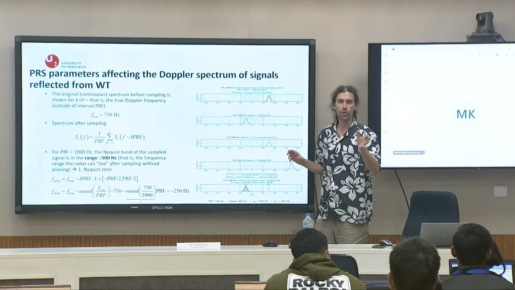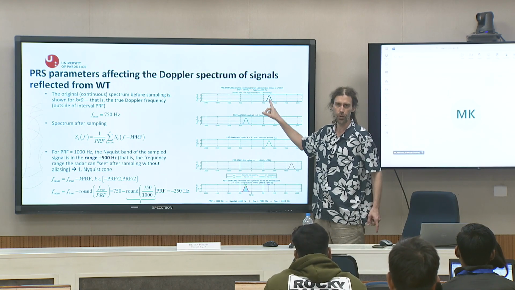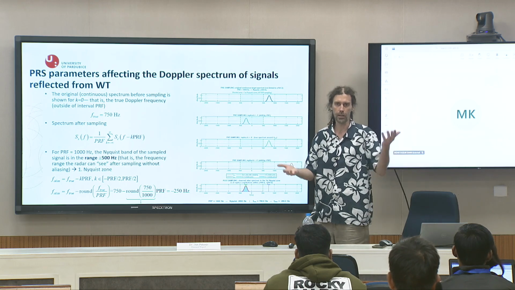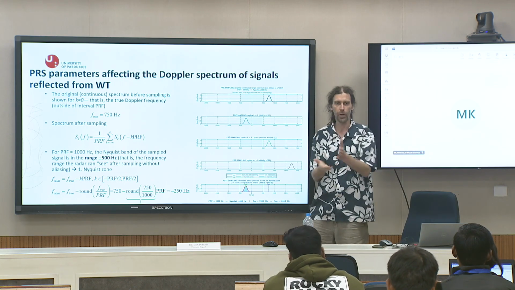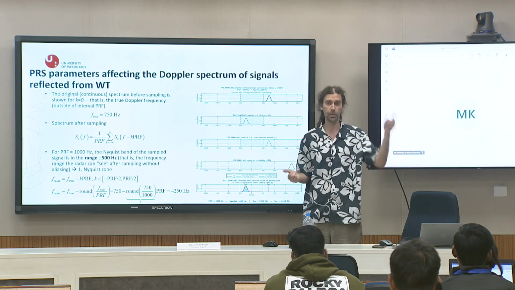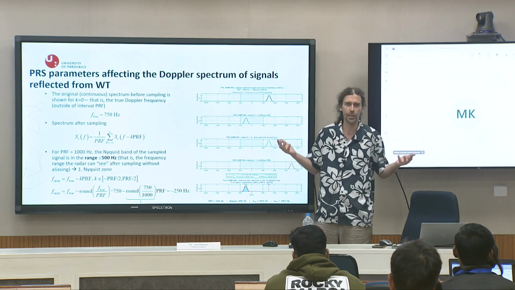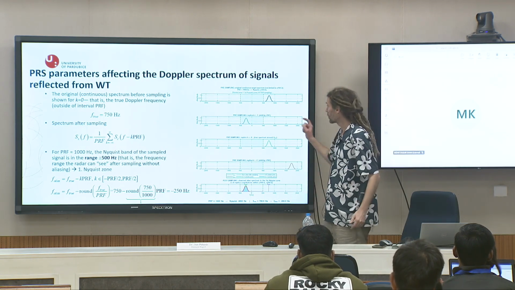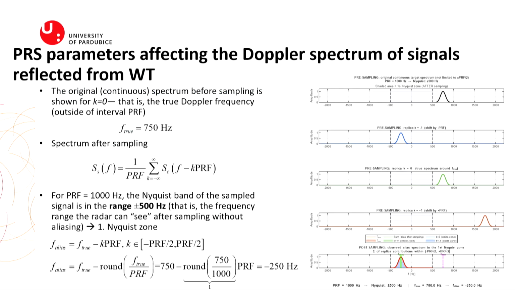We cannot mitigate this because of low PRF, and you can't always choose it, because the maximum Doppler frequency of this spectrum depends on rotation speed, length of blade, and so on. You can influence this, because it also depends on the speed of wind, rotation speed, and so on. So this spectrum will be at minus 250 Hertz, and it causes us a problem.